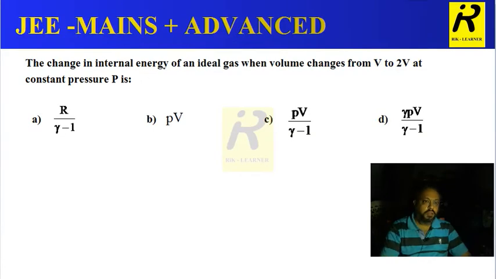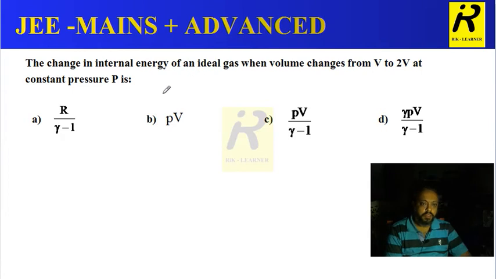What we are having now is the change in internal energy of an ideal gas when volume changes from V to 2V at constant pressure P. So, we need to find out the correct relation for internal energy.